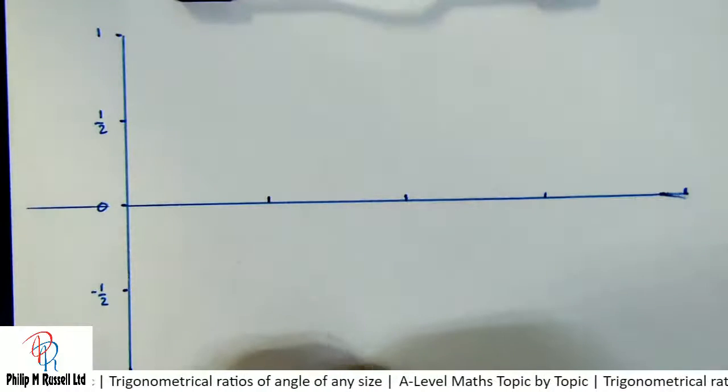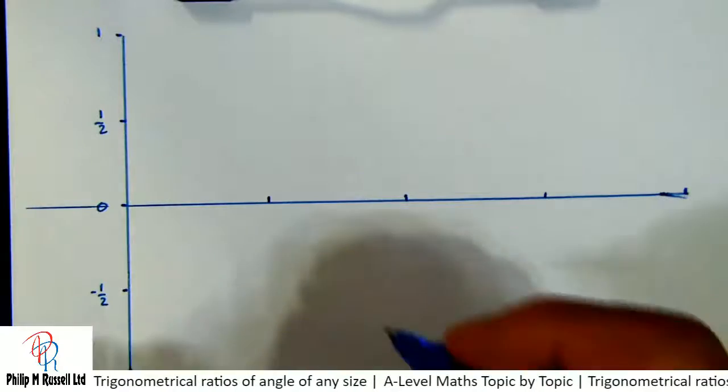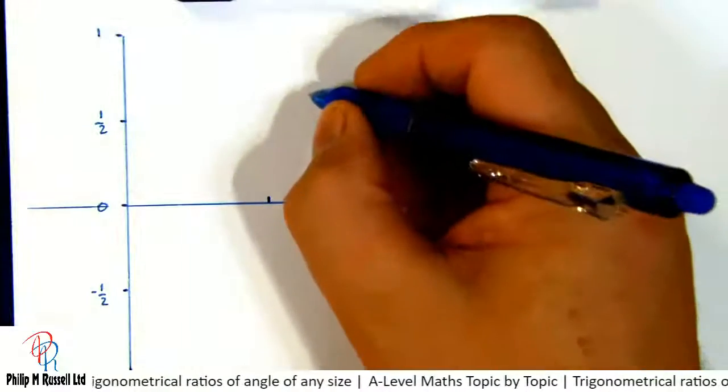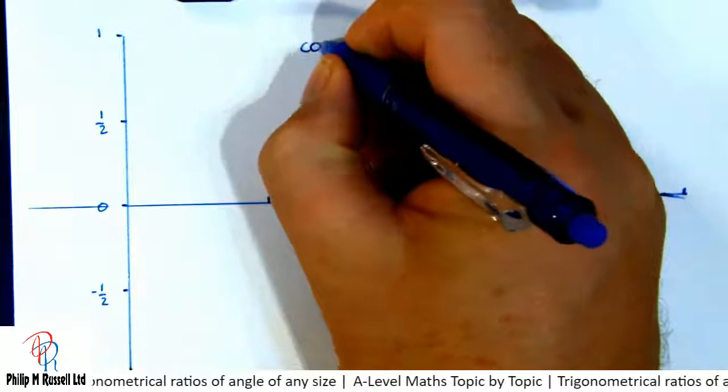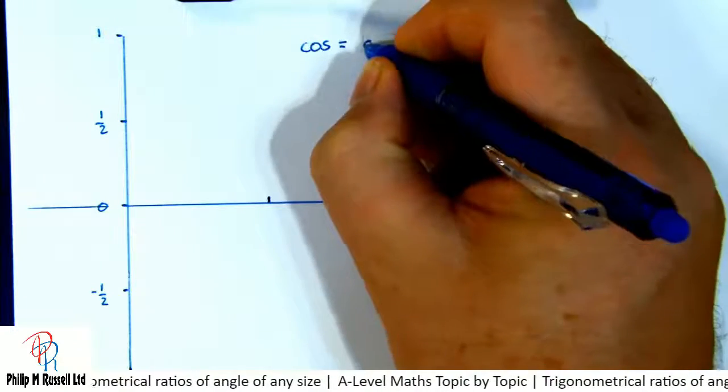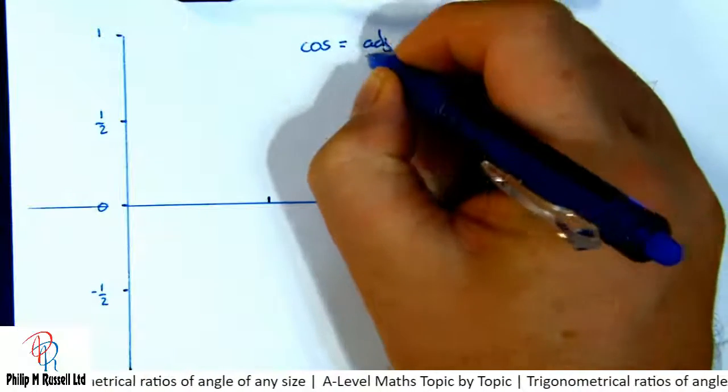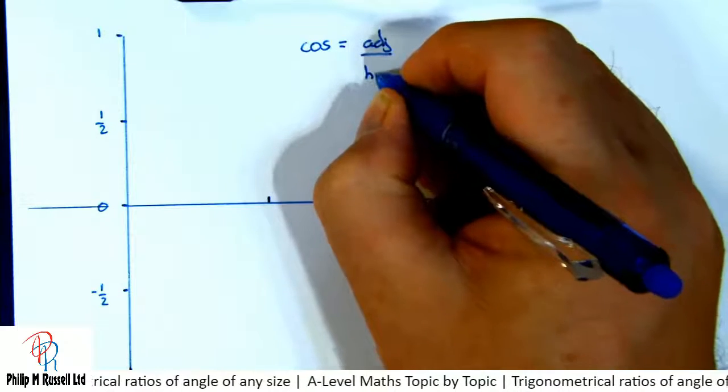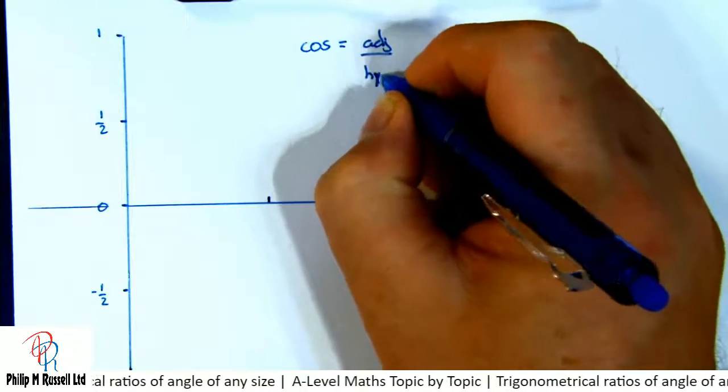We're looking at the ratio of cos, and the ratio of cos, we know, is the adjacent over the hypotenuse.